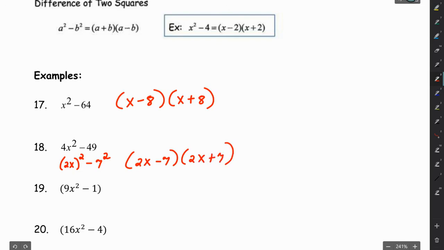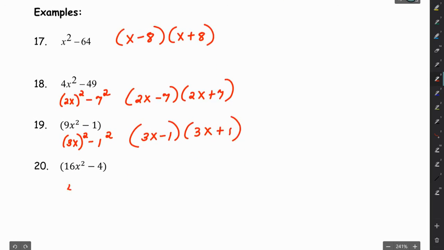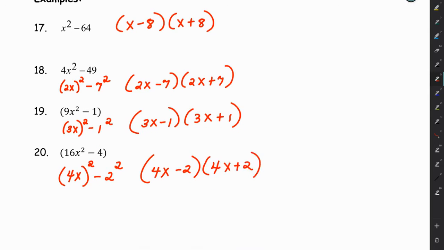I'll do the same thing with number 19. So my factors are 3x minus 1, 3x plus 1. And lastly, we're going to rewrite 16x squared as 4x squared. So that becomes 4x minus 2, 4x plus 2.